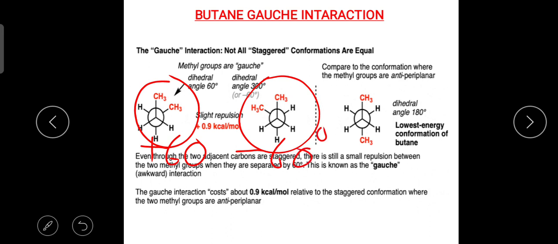So these two conformers with torsional angles of plus 60 degrees and minus 60 degrees respectively are non-superimposable mirror images of each other, and these are two isomers of gauche conformers, and they form an enantiomeric pair.